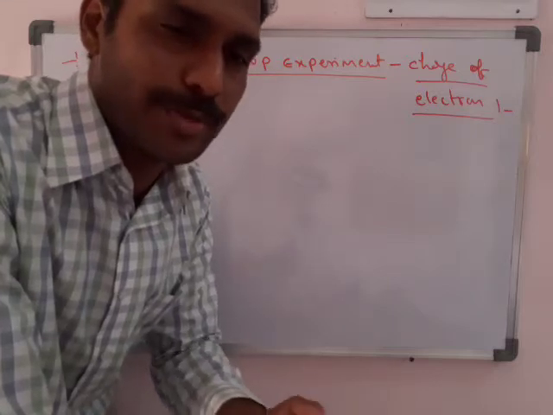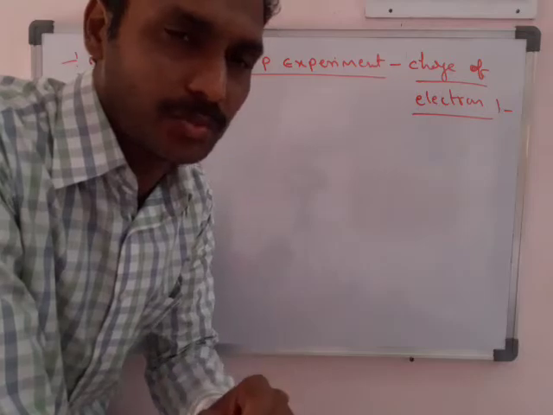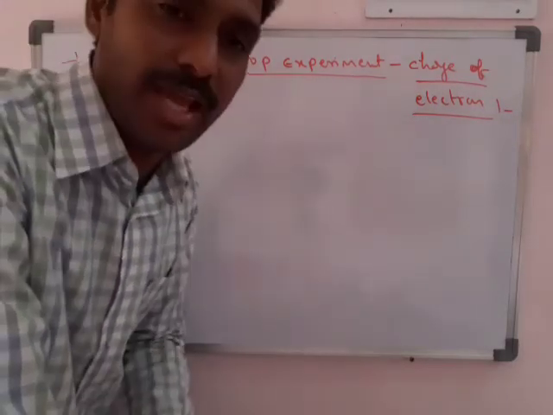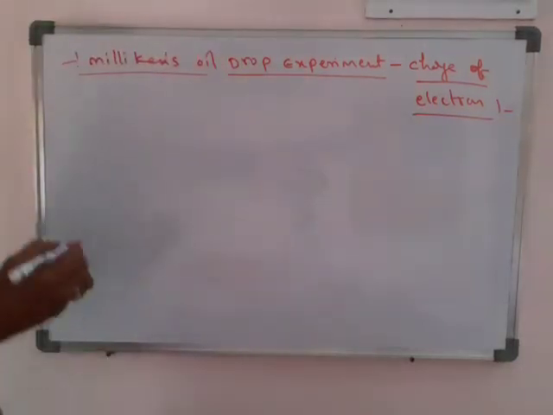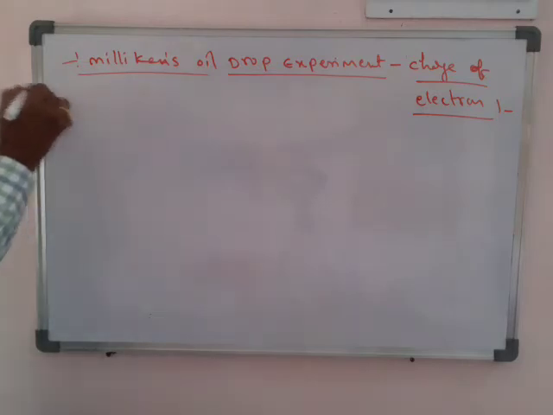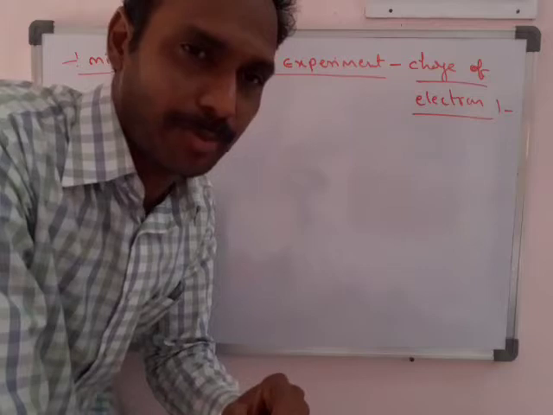The oil drop experiment was done by Millikan. What is it related to? To calculate the charge of electrons. First I will explain the experiment.